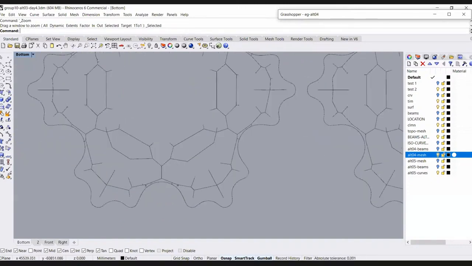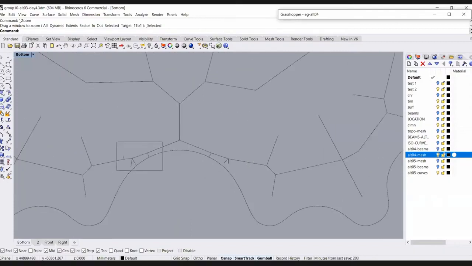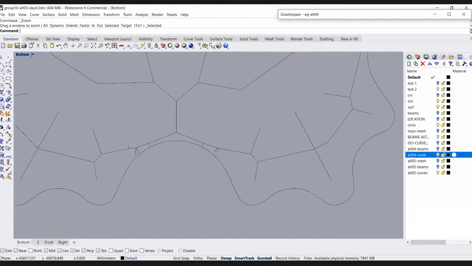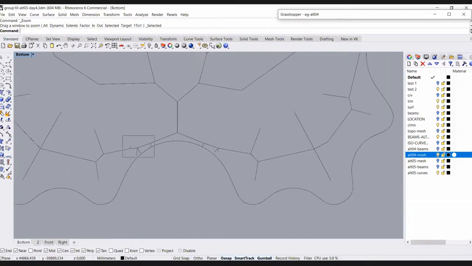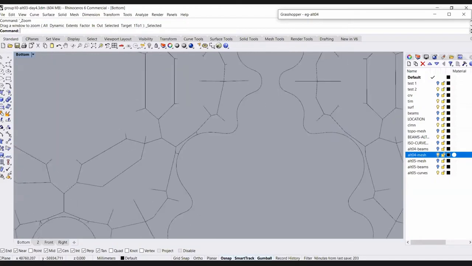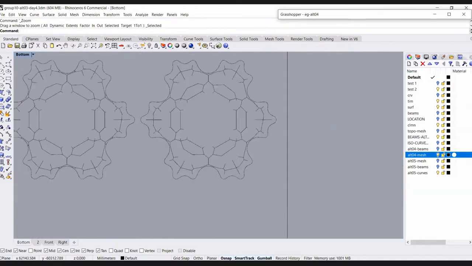I still had some very small ones in these parts, but these were not out of boundary like yesterday. So I manually deleted these very small curves here, for a better organization of beams.